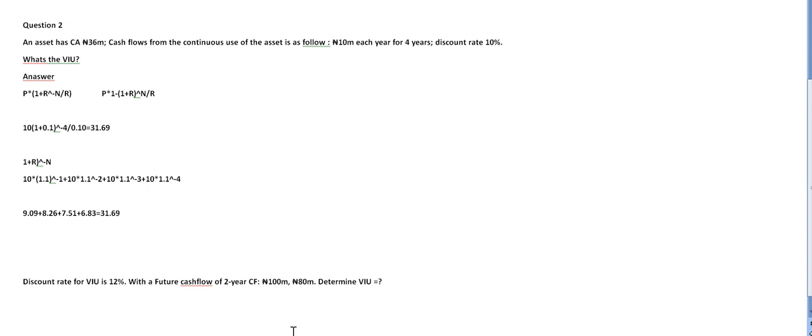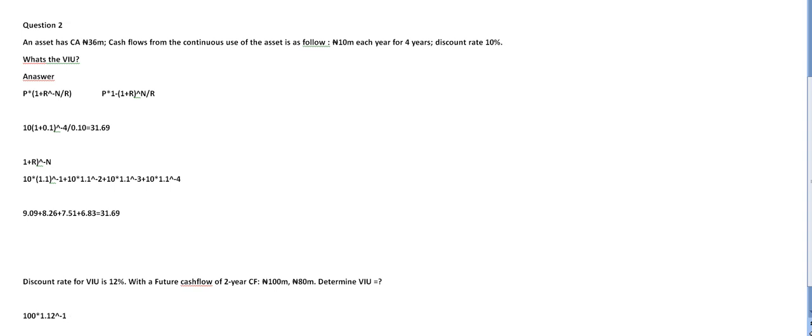Before I give the mark, let's do it together first. So let's go ahead and do it very quickly. For the first year, the cash flow is 100 multiplied by 1.12 raised to power minus 1.